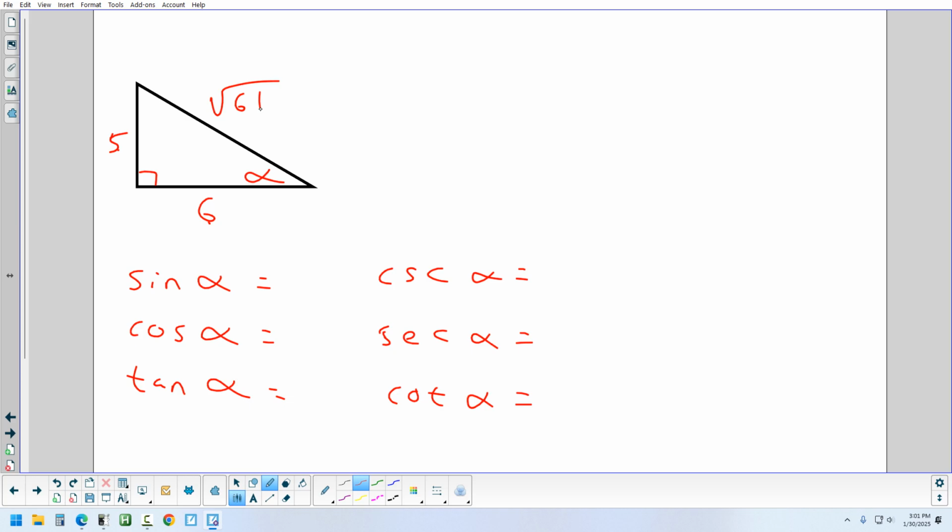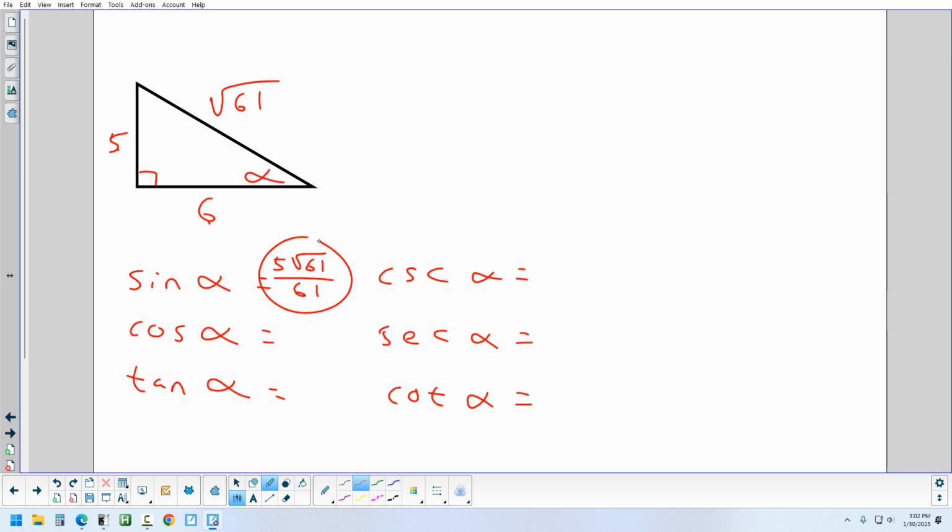Okay, so let's start with the sine. What would the sine of alpha be? Final answer, no square root in the bottom. Would it be 5 root 61 over 61? Yep, perfect. 5 root 61 over 61.